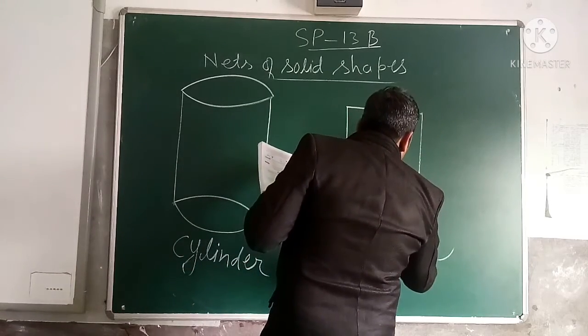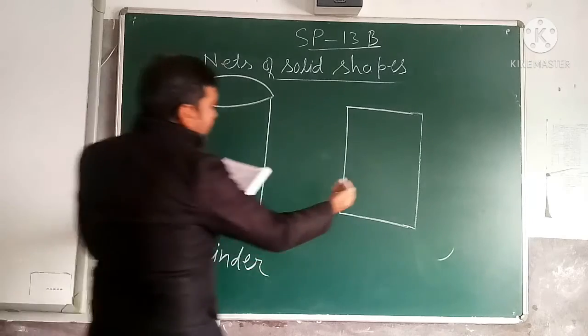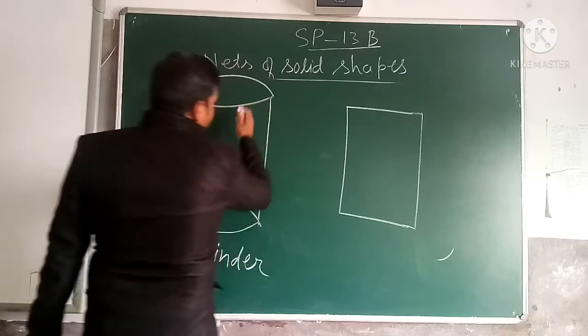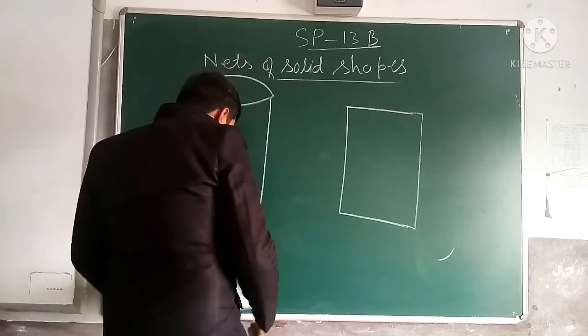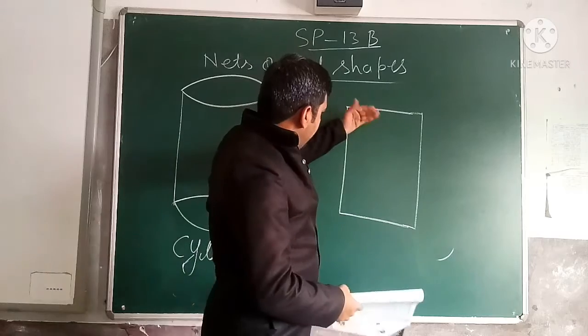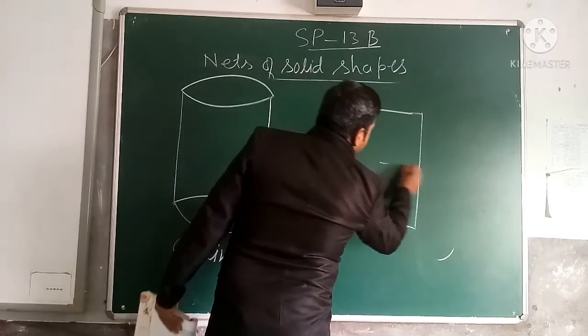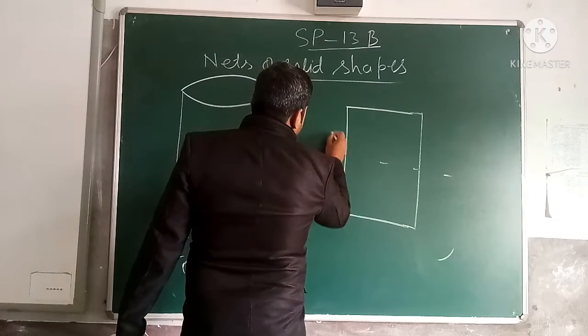That rectangle you get. Just fold it, and you have to put two circles to cover it from the top and bottom. When you fold it along this, you will get a cylinder.